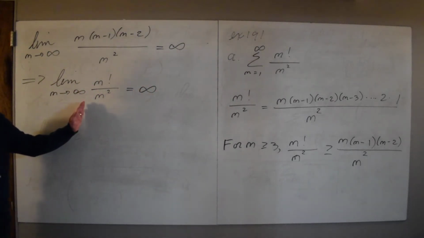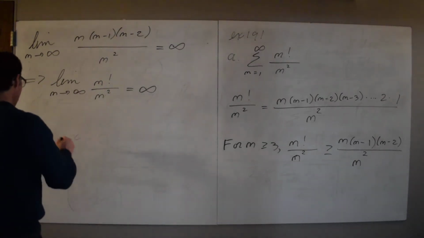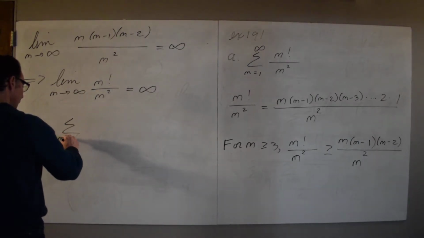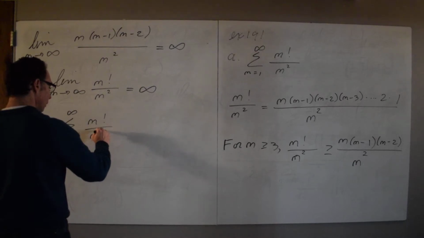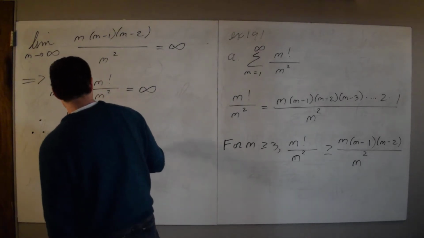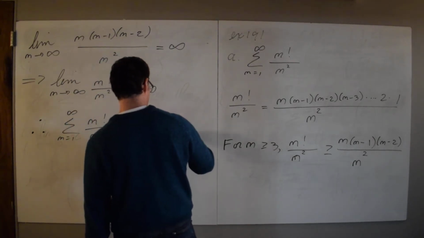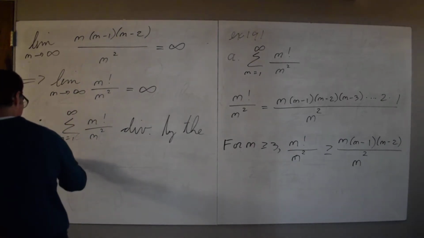So this sequence diverges. It does not converge to 0. Therefore, the series from n equals 1 to infinity of n factorial divided by n squared diverges by the divergence test.